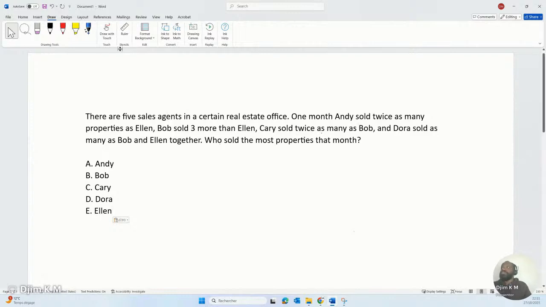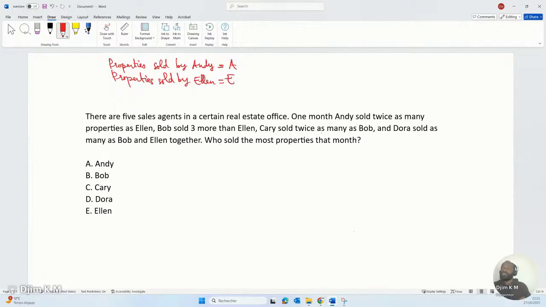So if we say properties sold by Andy, A. Properties sold by Ellen, E. Properties sold by Bob, B.